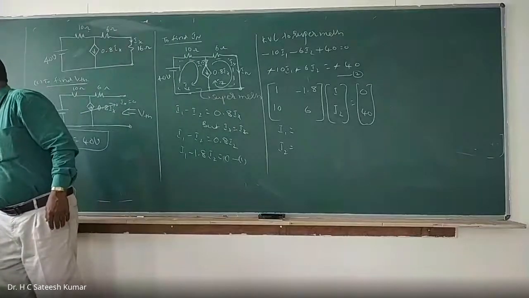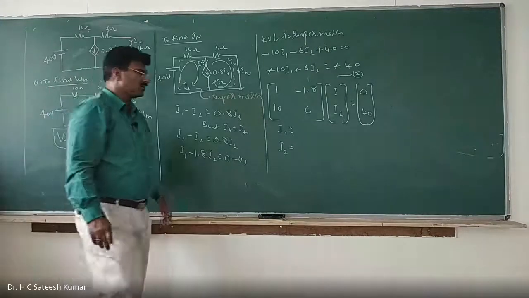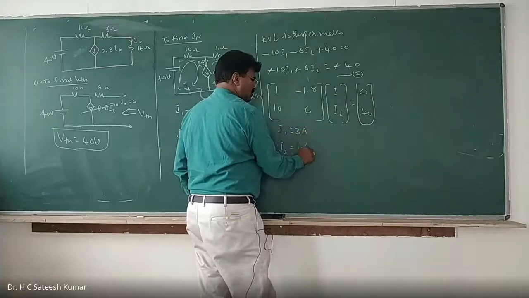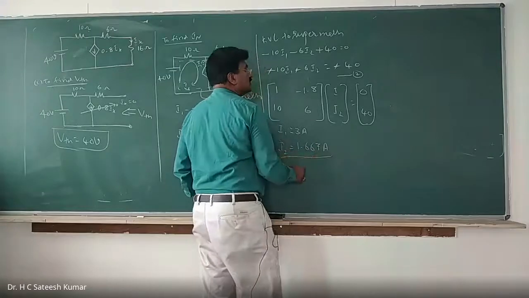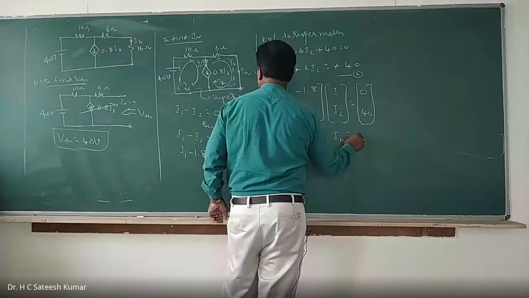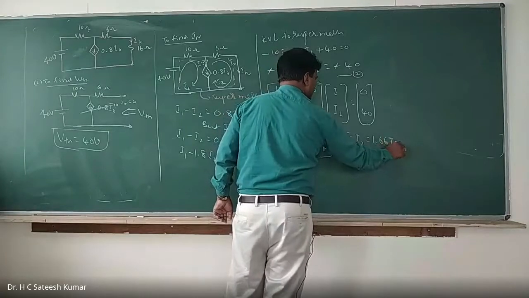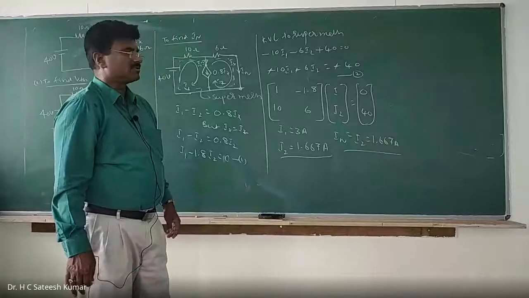I1 is 3 amps, I2 is 1.667 amps, you will get it. Therefore, IN is equal to I2, which is 1.667 amps. Okay, 1.666 will come, it is approximated at 1.667.